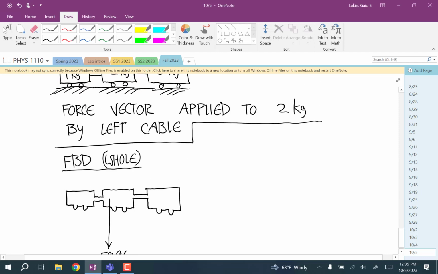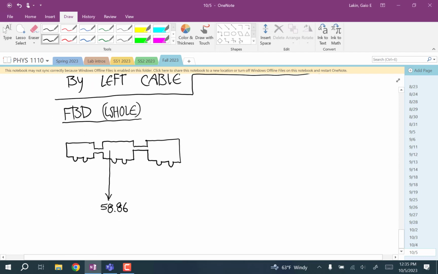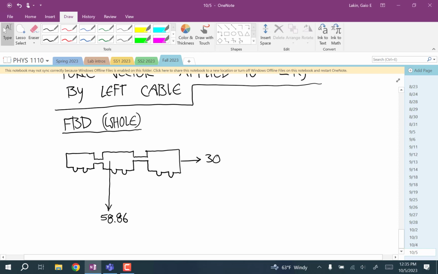And then what else is acting? There's a 30 Newton force over here. And a pushing force from the ground, that's right. So I'll call that N total.